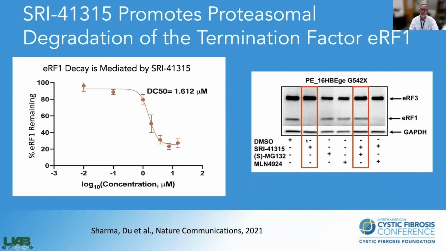Here is an example: ERF1 and ERF3, and here's the control GAPDH. When we treat cells with 41315, we lose the ERF1 band. However, when we add the proteasomal inhibitor MG132, this band is restored, indicating that this degradation is mediated by the proteasome.